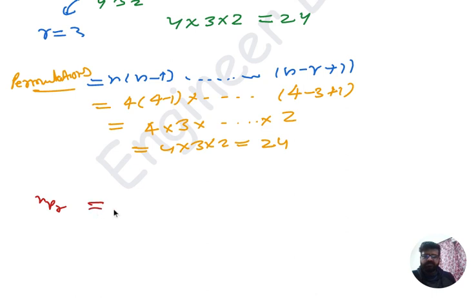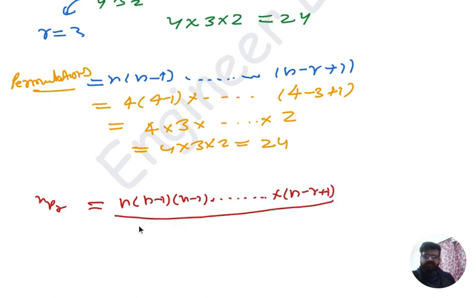So if I write down n, n minus 1, n minus 2, and up to n minus r plus 1, can I divide this by a term, that is n minus r, n minus r minus 1, up to 3 into 2 into 1.